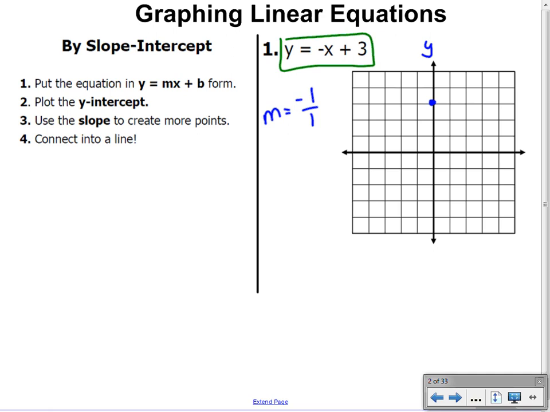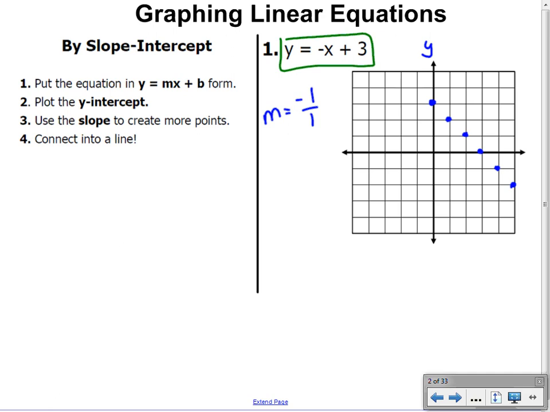So I'm going to start at my y-intercept, go down 1, right 1, and plot a point. And I'm going to continue this pattern of down 1, right 1 until I extend it all the way to the edge of my coordinate plane. Now, I can also go backwards. So let's start back up at our y-intercept of 3.